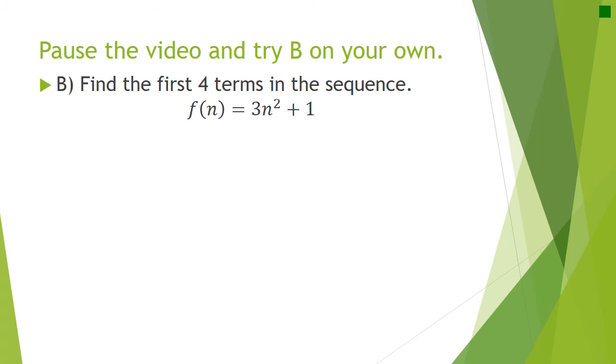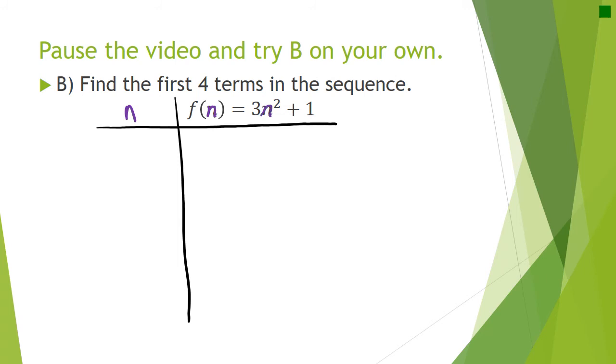So I'm going to go ahead and create a chart because they want me to find the first 4 terms. Let's make my n purple this time. And any place I see an n, I'm going to replace it with my n value there. So I'm going to look for my first term.